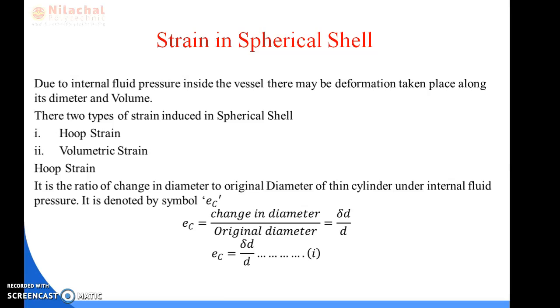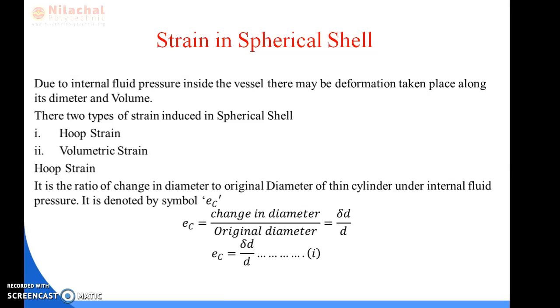If the internal fluid pressure is more than the resistance capacity of the vessel, the spherical shell is converted into two hemispheres. So there are two types of deformation that take place along the diameter of the spherical shell and volume of the spherical shell. Two types of strain are produced in a thin spherical shell, that is hoop strain and volumetric strain.